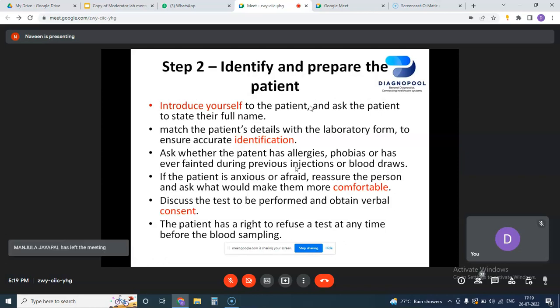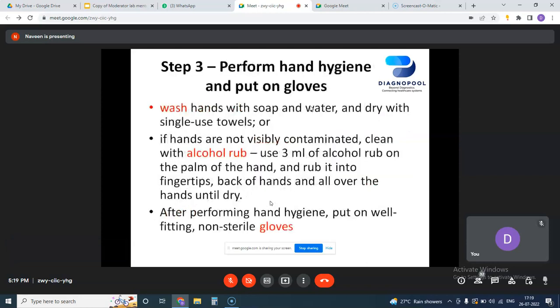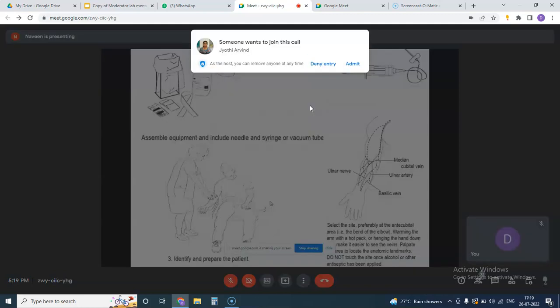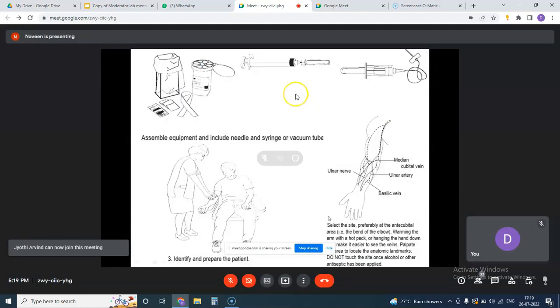And then verbal consent should be taken before the blood is collected. So once identification is over, the next step will be selecting the site of phlebotomy. Usually, collection of the venous sample is done from the median cubital vein.